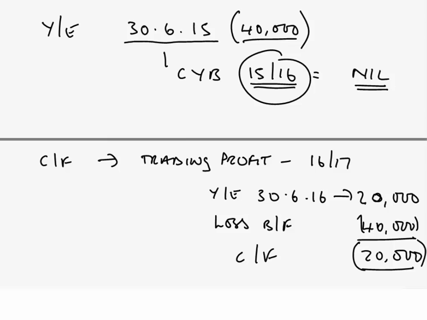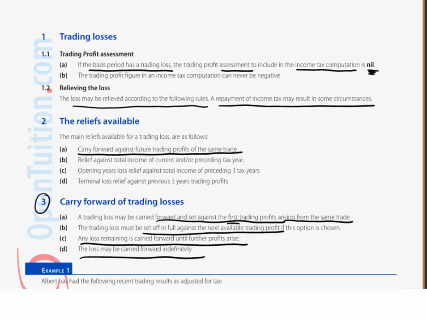Now, in any exam question, what we're more likely to see is, shall we call it, a more interesting loss relief exercise. And that would then come down to, for a normal ongoing business, relief here in section 2, part B of this, relief against total income. Now, here's an immediate change.